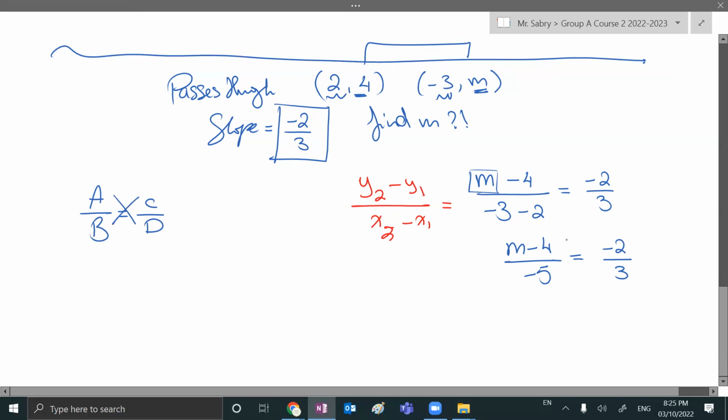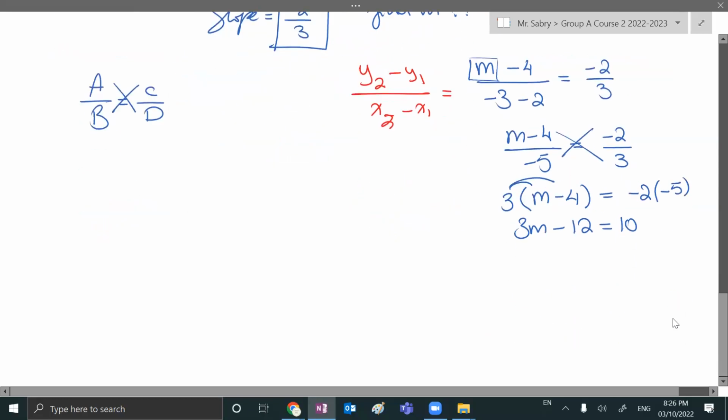This is what's happening here. We have two fractions equal to each other, so I will cross multiply. The 3 is multiplied by, in a bracket, m minus 4, equals the negative 2 multiplied in a bracket by negative 5. Distribute the 3, I'll get 3m minus 12 equals negative 2 times negative 5, positive 10.